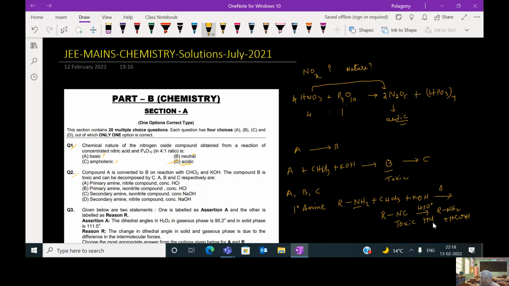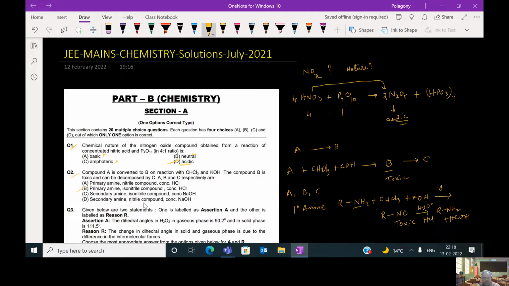That means here the compounds are primary amine, isonitrile compound, and concentrated HCl. So B is the correct option. Nitrile is not toxic, isonitrile is toxic. A secondary amine doesn't give the isocyanide test.